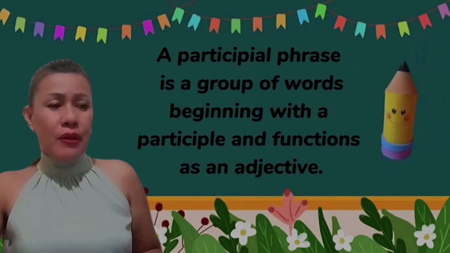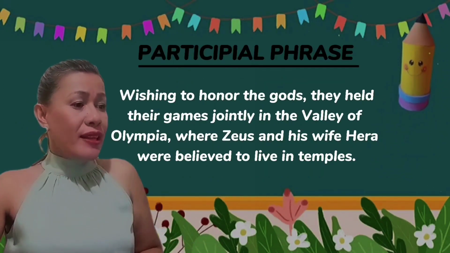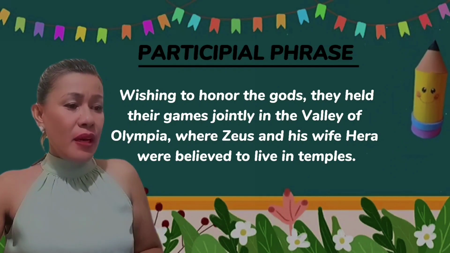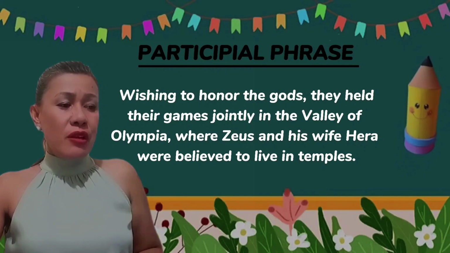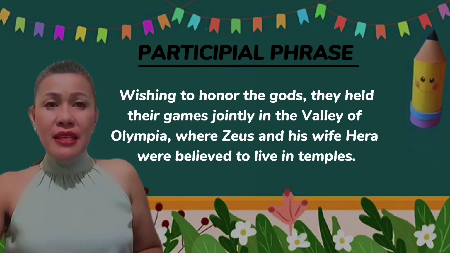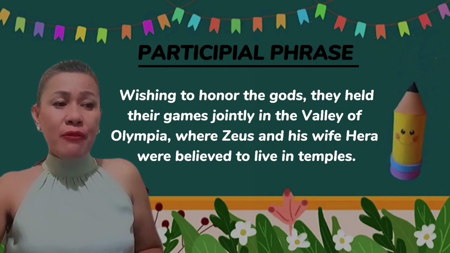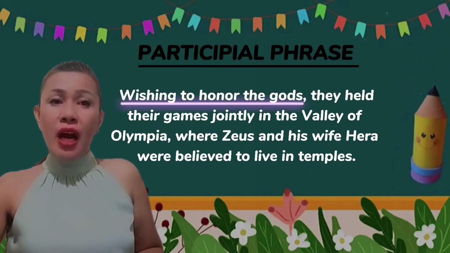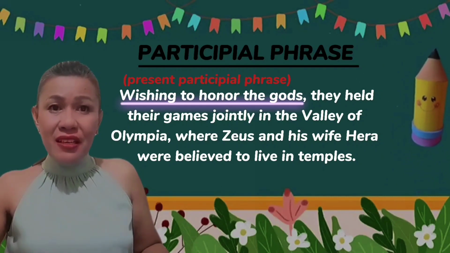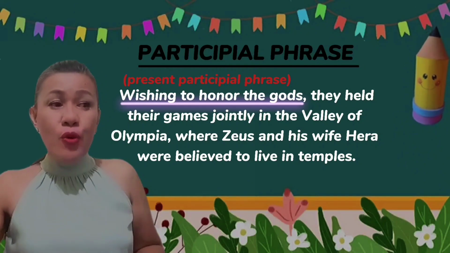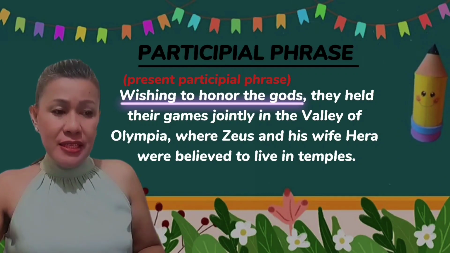In this example, wishing to honor the gods, they held their games jointly in the valley of Olympia, where Zeus and his wife Hera were believed to live in temples.